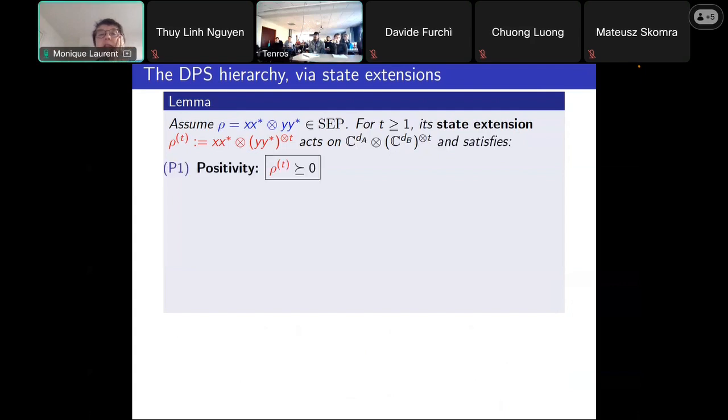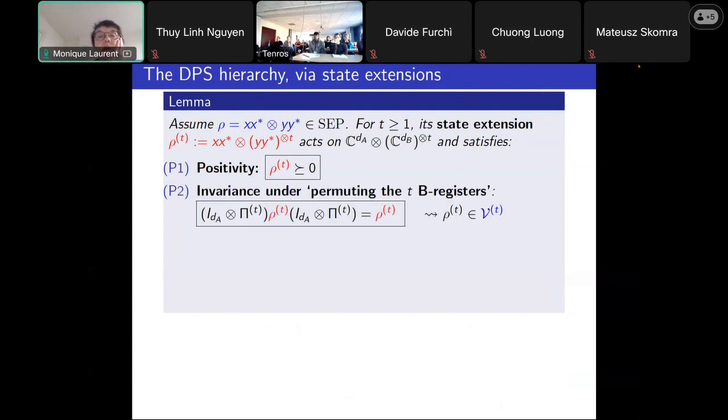Let's see what this rho t satisfies. Clearly, it is positive semi-definite. The second thing, which is rather clear, is that by construction, if you permute the t copies of the B registers, it's just always yy star. So there is a certain invariance property of the t copies of the B registers.